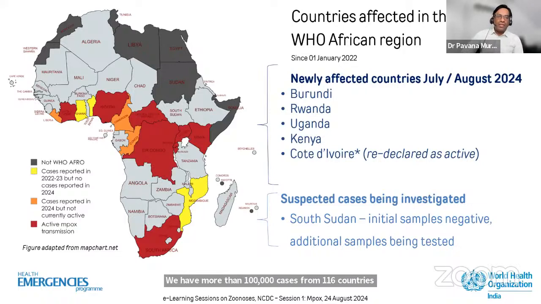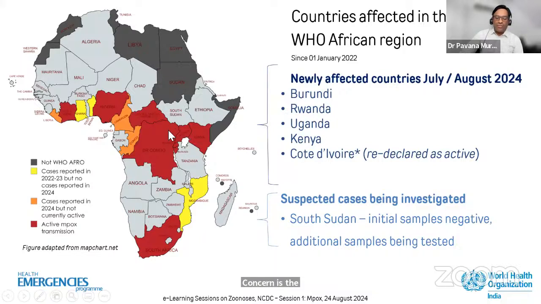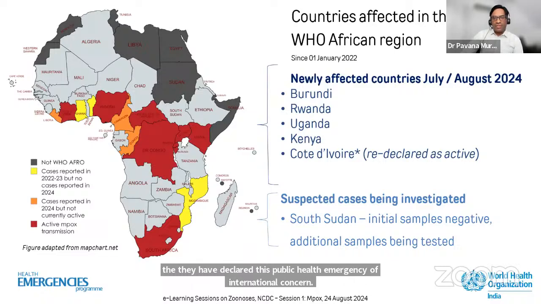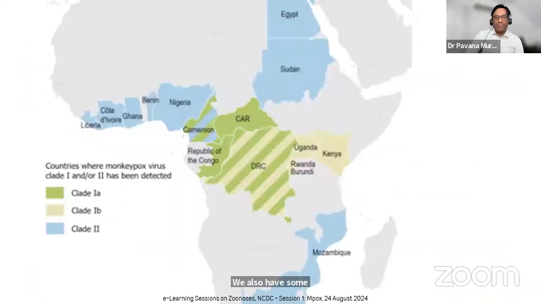The concern is the DRC Congo, where in Africa we now have more than 15,000 cases and more than 500 deaths, just this year alone within 6 months. Therefore there is a lot of concern, and that is why they have declared this a public health emergency of international concern. We also have some cases outside of Africa. I'll come to that in a short while.